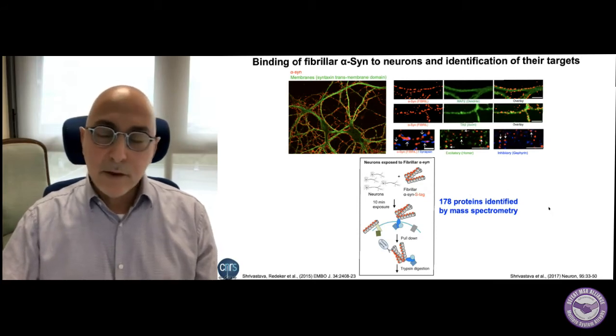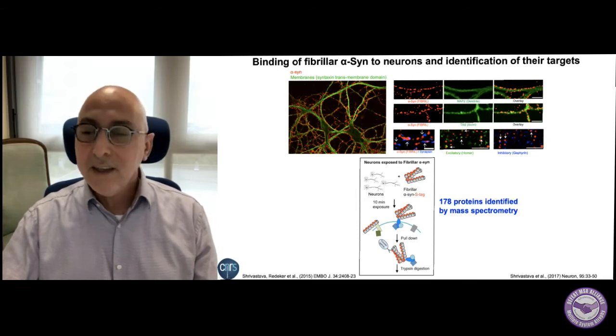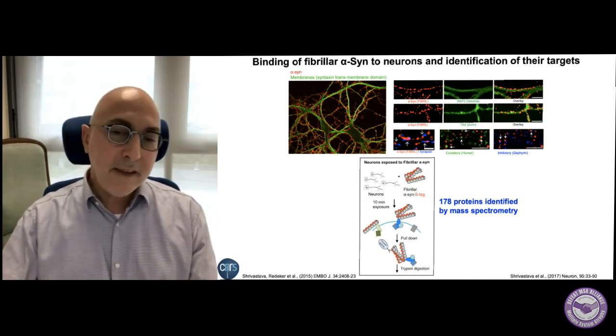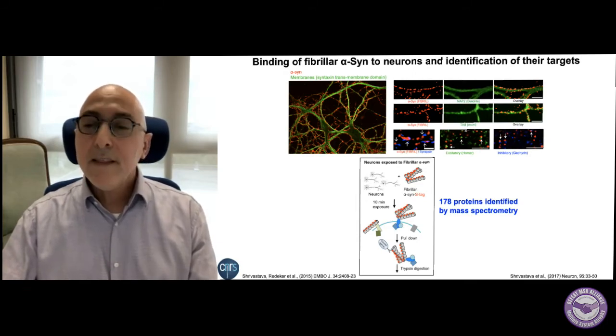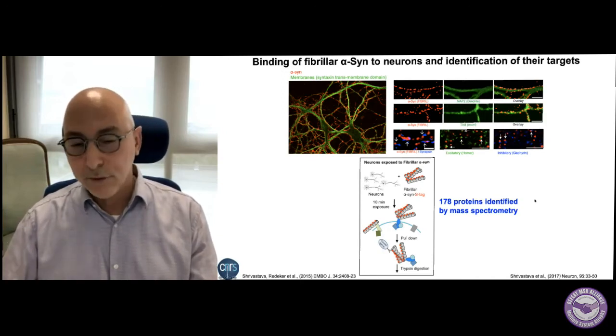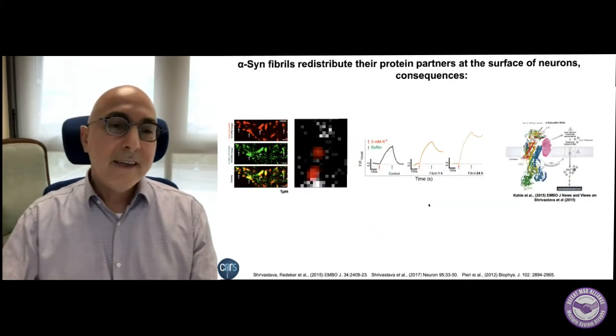This is sad because I would have loved to identify 1 or 2 receptors. Instead of 1 or 2 receptors, we have 178 receptors. And why am I saying that it is sad? Because if we had only 1 or 2 receptors, then we could block this receptor and inhibit fibrils binding to the neuron and all the consequences that I will be showing you immediately.